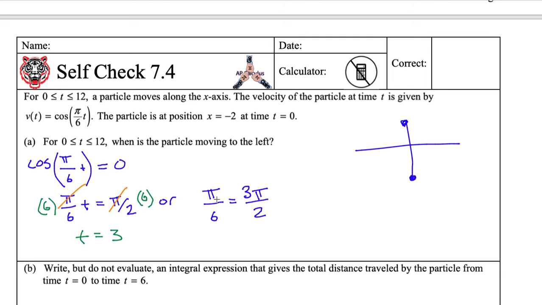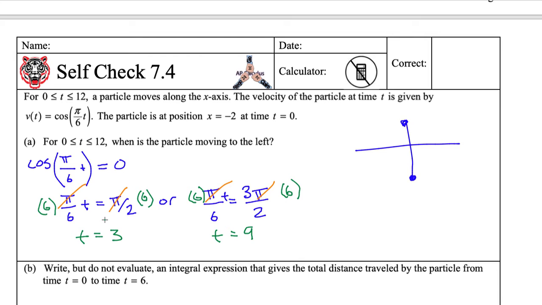And then the other value, again, canceling out those pies, and then multiply both sides by 6 again. I get t by itself is equal to 6 divided by 2 is 3, 3 times 3 is 9. So my t values are at 3 and 9.